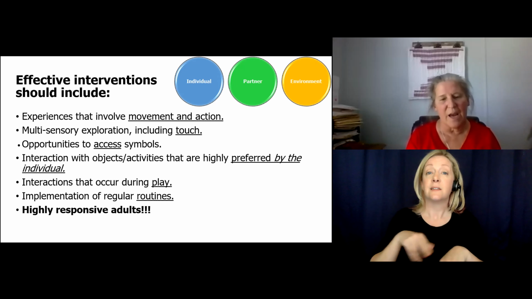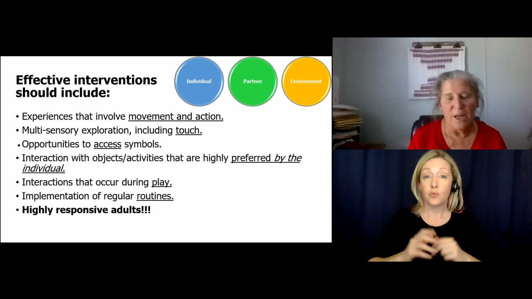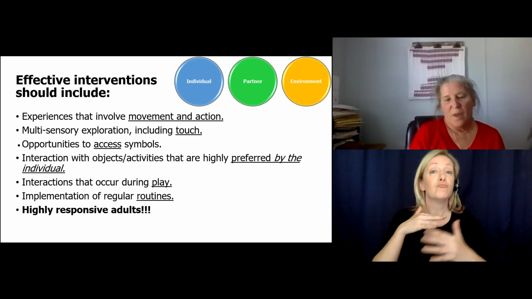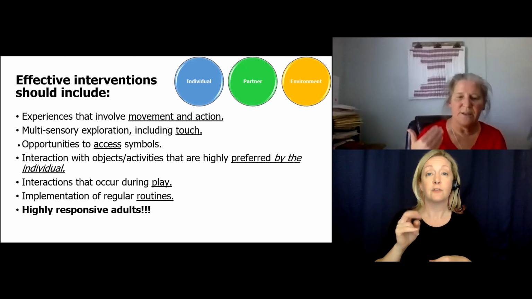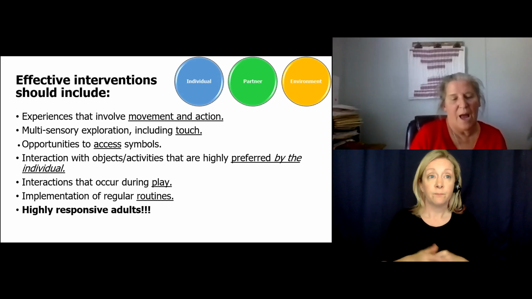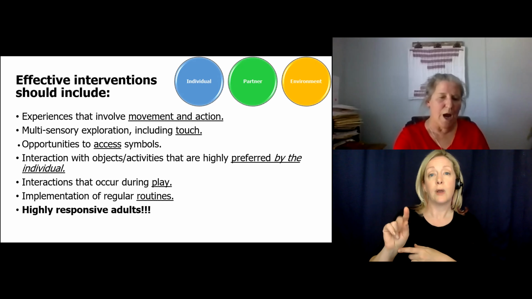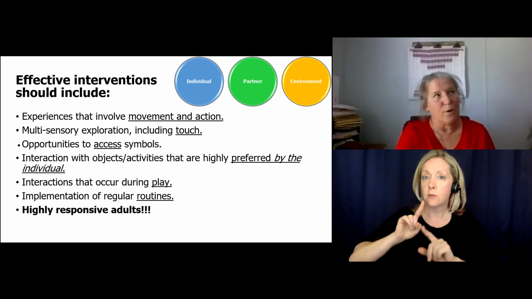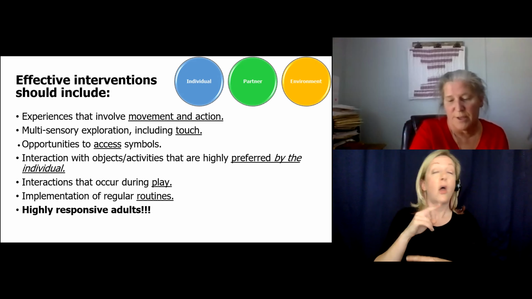Sometimes it's that kind of exploration and just playing around that gets you your best interventions. Then implement it in regular routines, really identify those, and be that highly responsive adult also. The more you're highly responsive and letting the individual know that you're a communication partner, it makes all the difference in the world.